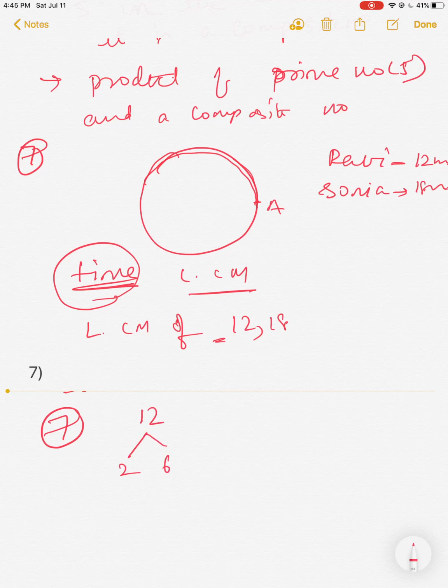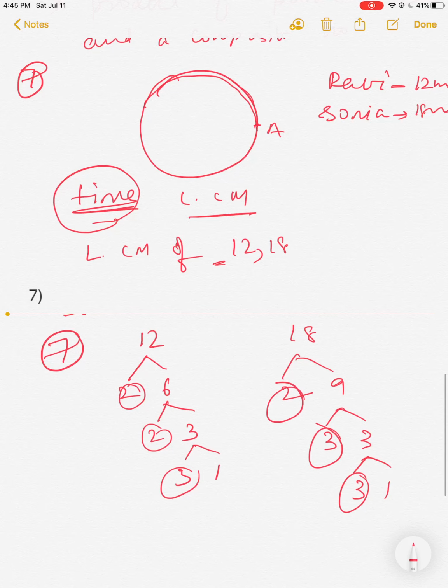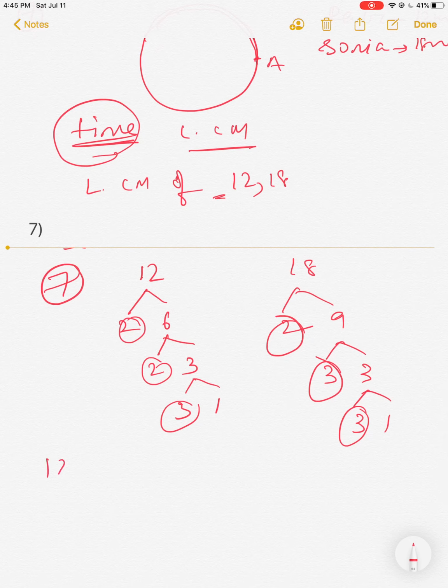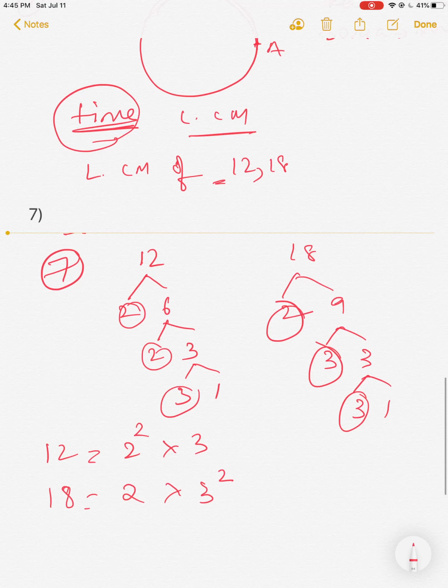First, let us take the division method. 12: 2 sixes are 12, 2 threes are 6, and 3 ones are 3. 18: 2 nines are 18, 3 threes are 9, and 3 ones are 3. Now 12 is equal to 2 squared into 3, and 18 is equal to 2 into 3 squared.